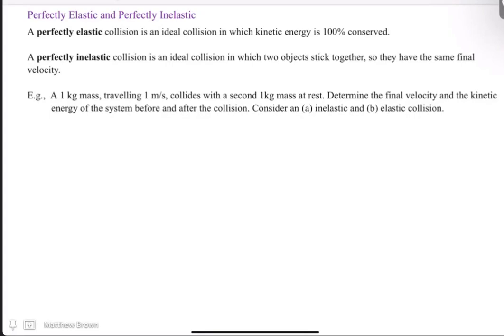We want to consider case A, an inelastic collision, and case B, an elastic collision, and if you can, even get the final velocities of both of them. I feel like this is an important one to try, to just have a go at it yourself, see if you can use these equations and come up with something.